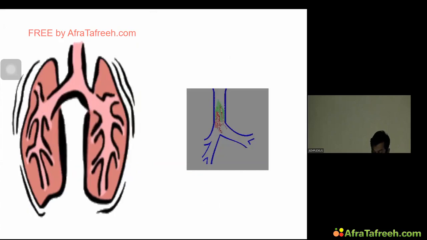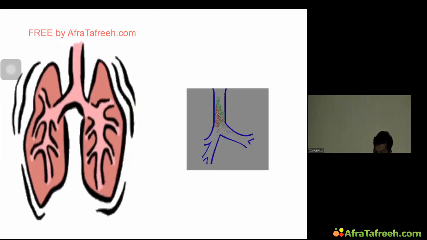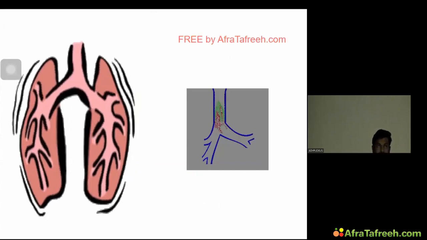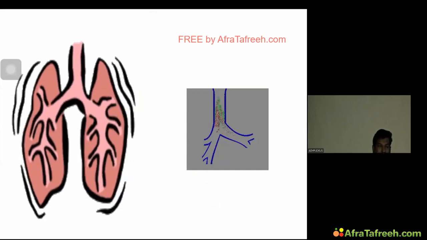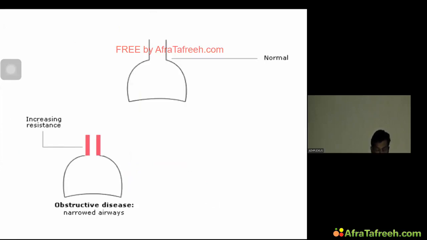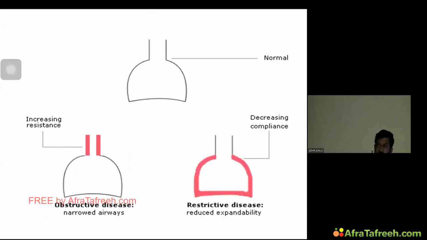The lung can be obstructed in the airway, which prevents the air going inside and coming out, or the lung can be restricted from expanding. So we have two types of lung diseases: airway resistance causing obstructive lung disease, or decreased compliance or expansion of the lung resulting in restrictive lung disease. These are the two types of lung diseases we have.